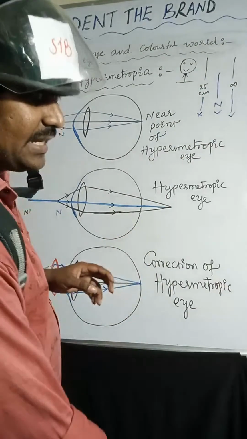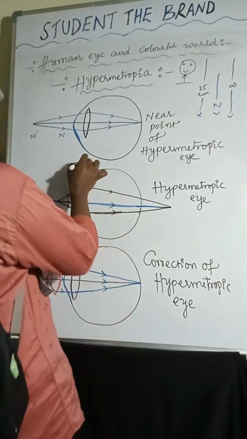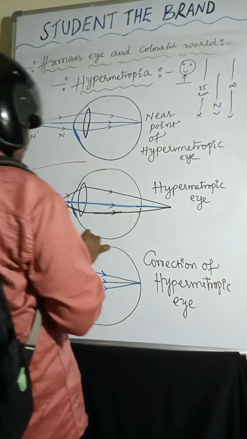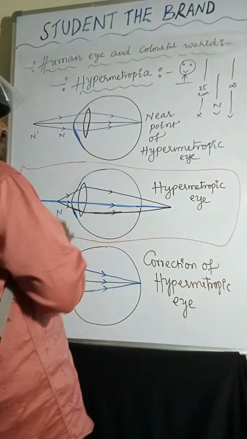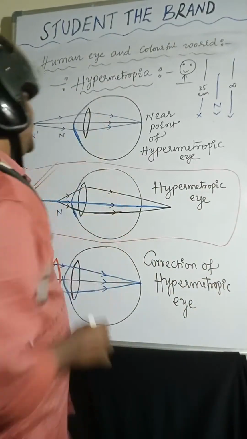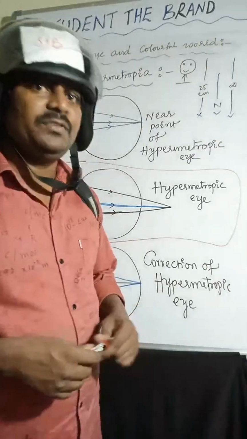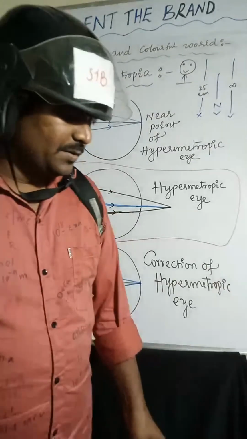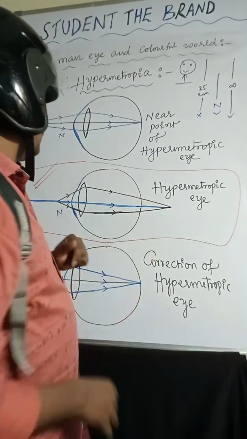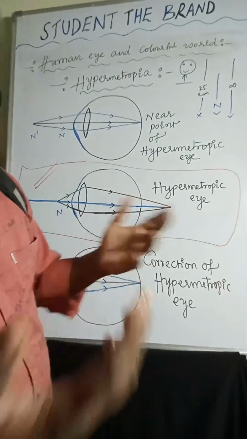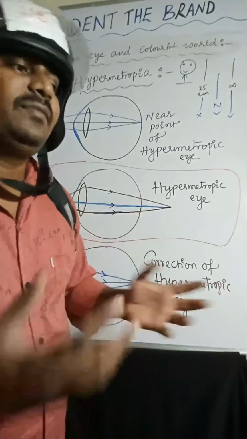So by seeing the second diagram, we'll get to know the causes of hypermetropia.